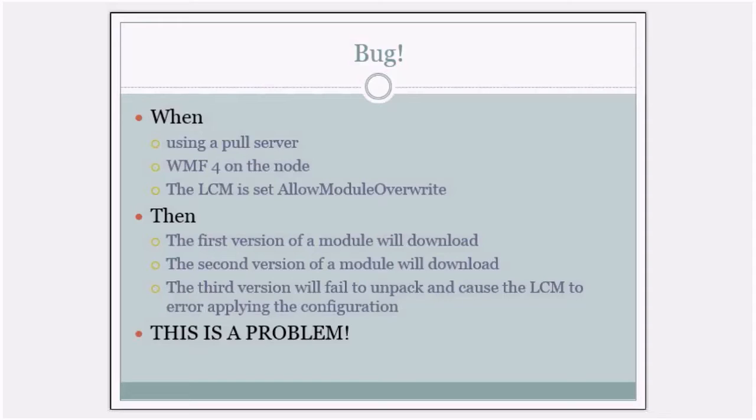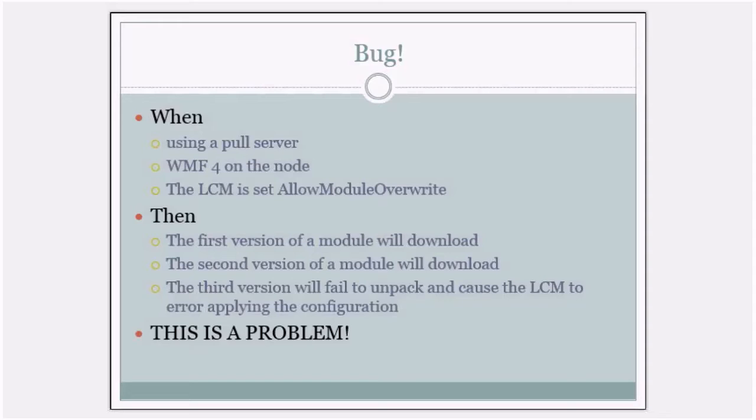So I hit the first kind of worrisome bug for me at that point. I mentioned that DSC is good for iterating on your environment, and one of the things I was doing was generating a lot of module versions. I might rev a module 3-4 times in a day.